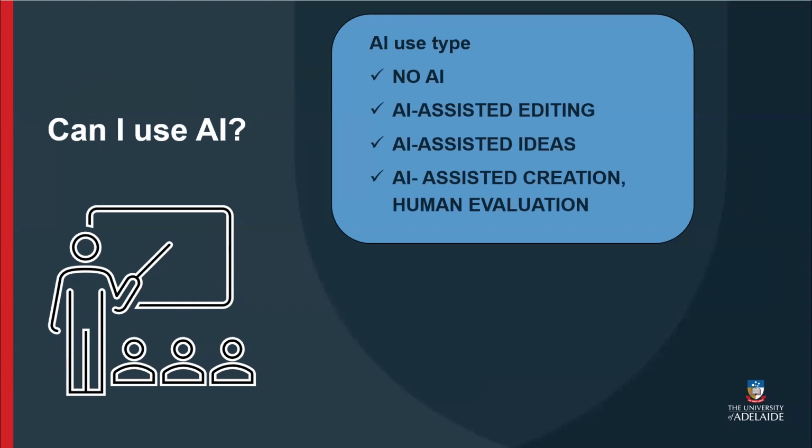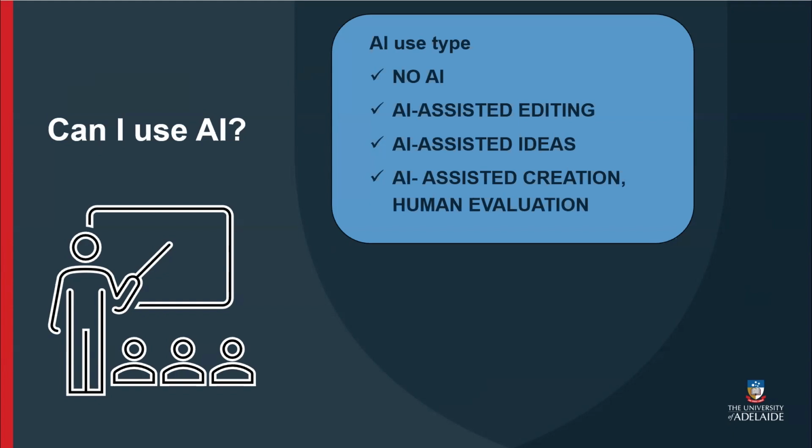You might see things like AI-assisted ideas, and that's where you can use AI to brainstorm or explore some concepts, but you must critically evaluate and build on those ideas yourself. And lastly, you might see AI-assisted creation or human evaluation. So you can use AI to help generate content, but you must review, refine, and take responsibility for that final output.